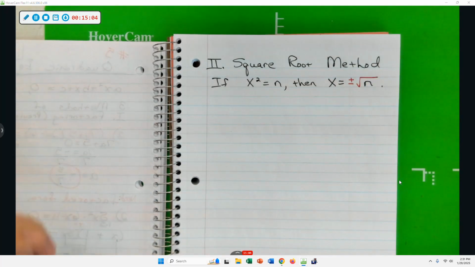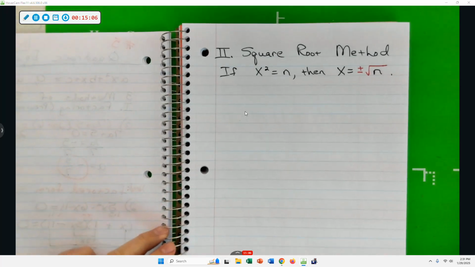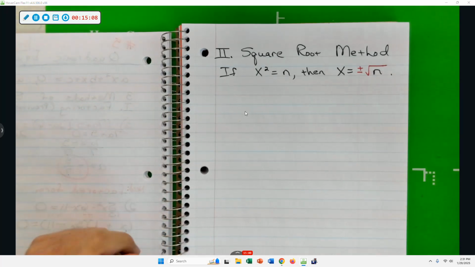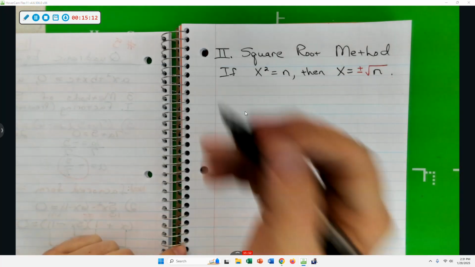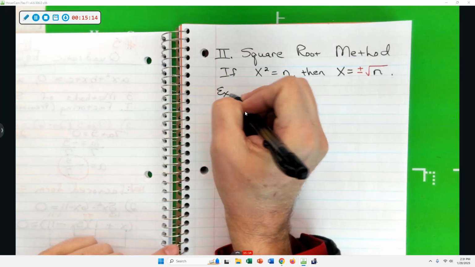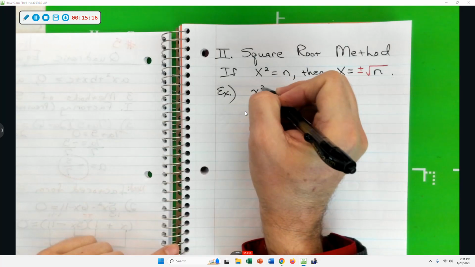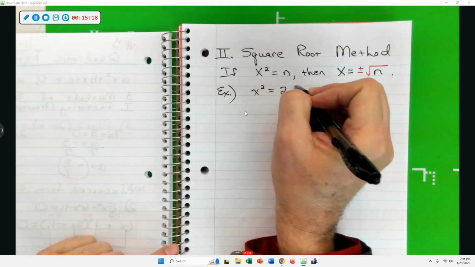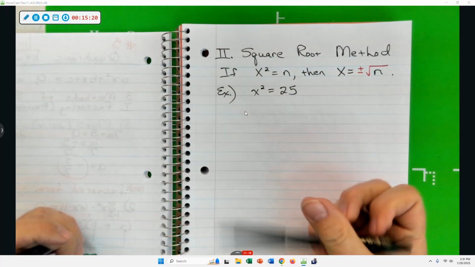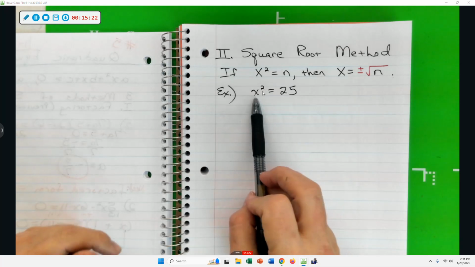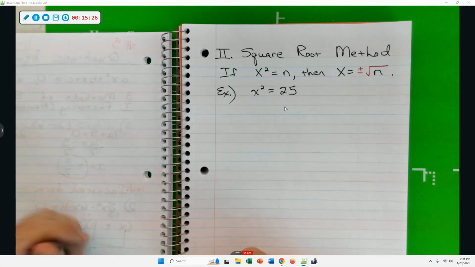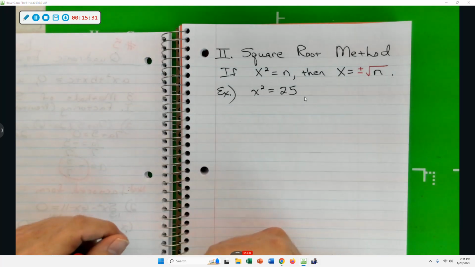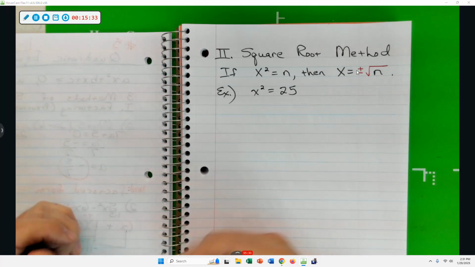What about x squared equals 25? If you think about it, it should seem pretty obvious. Here's an example. x squared is equal to 25. Which numbers can I square to give me a positive 25? There are two of them, 5 and negative 5.